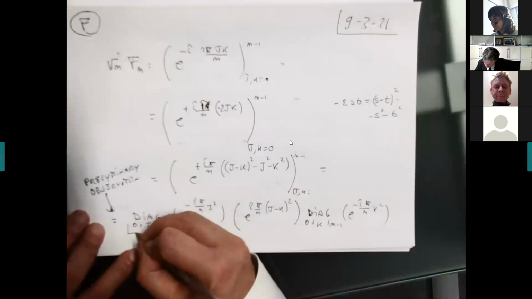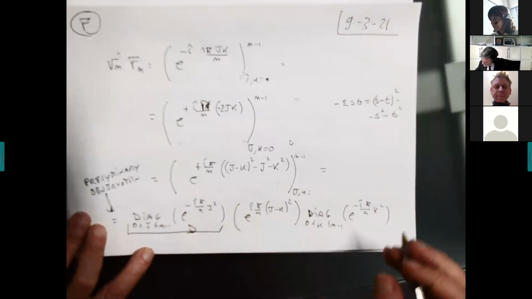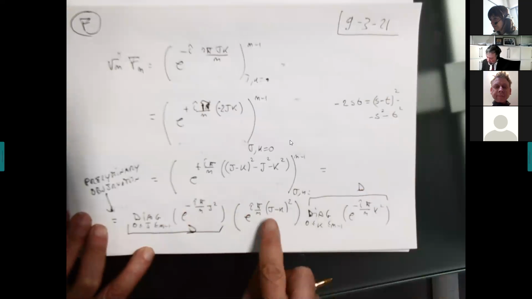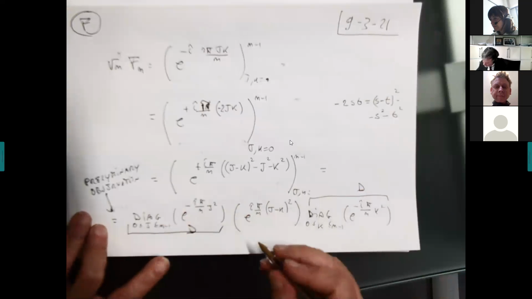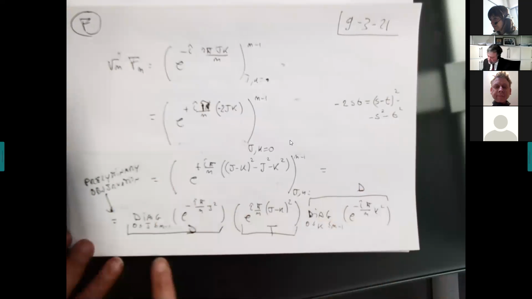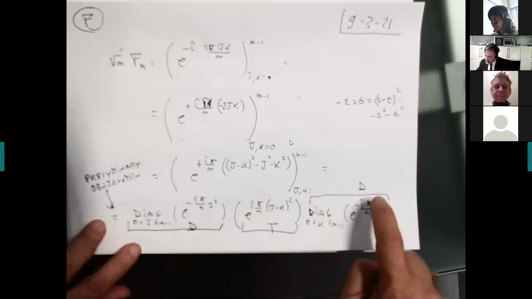So if you call this D, it is a diagonal matrix, and here is the same diagonal matrix, and this matrix depends only on the shift. So this is a Toeplitz.